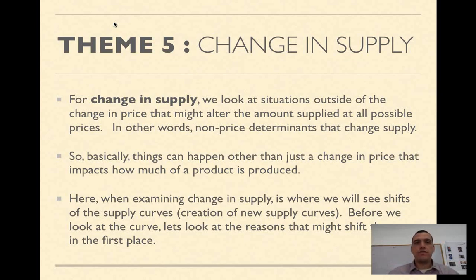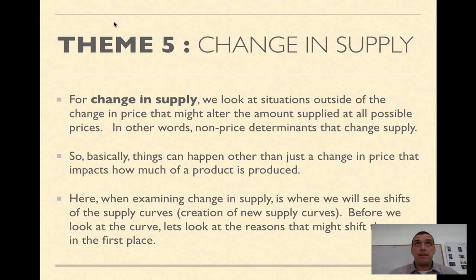In other words, non-price determinants that would change supply. Things happen outside of price that change how much of a product will be produced, that has an impact on producers that would make them produce more or less of a good. And when we're talking about change in supply, we're now talking about shifts of the actual supply curve, the creation of a new supply curve.